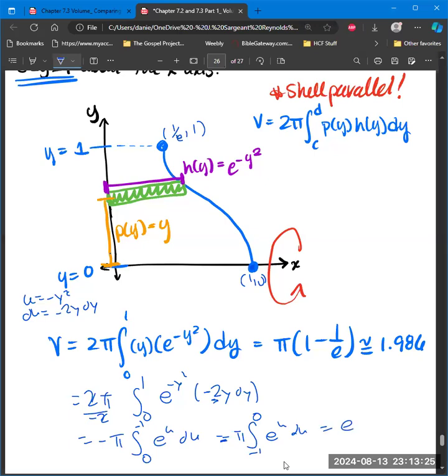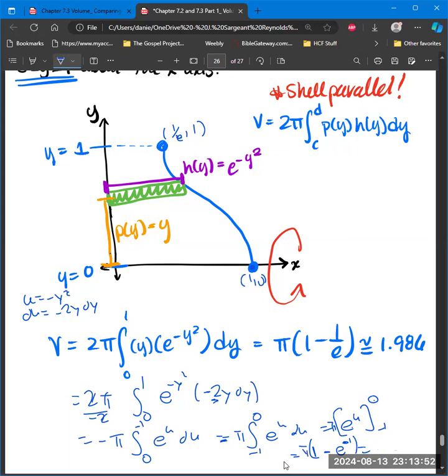And so that's going to be e to the u from negative 1 to 0, which is e to the 0, which is 1, minus e to the negative 1, so 1 minus 1 over e. And then this is times pi that was sitting out there.